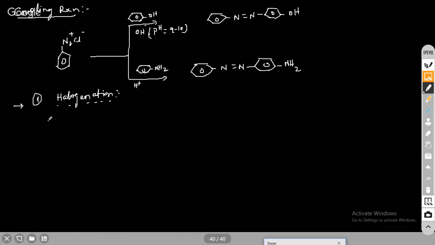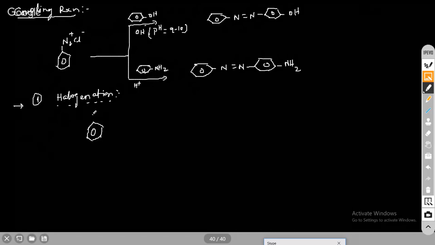Chlorine and bromine water react readily with aniline and form trichloro and tribromo derivatives.